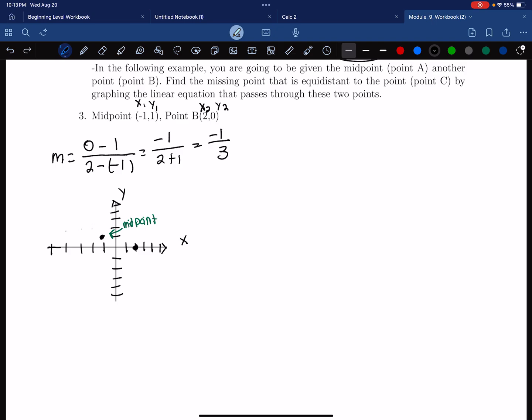There we go. Right, so this is our other endpoint. This is the point we want. But let's just draw this line here real quick. So this is what our line looks like.